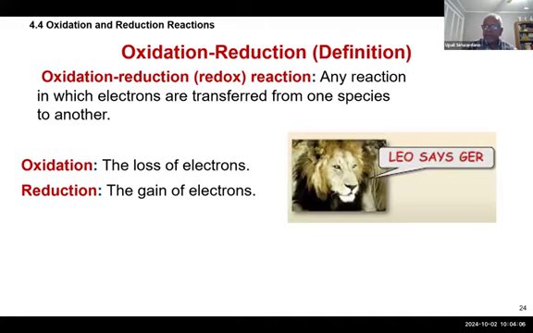How do you remember this? Using this mnemonic: LEO says the GER. LEO stands for loss of electron is oxidation. G means gain of electron is reduction.